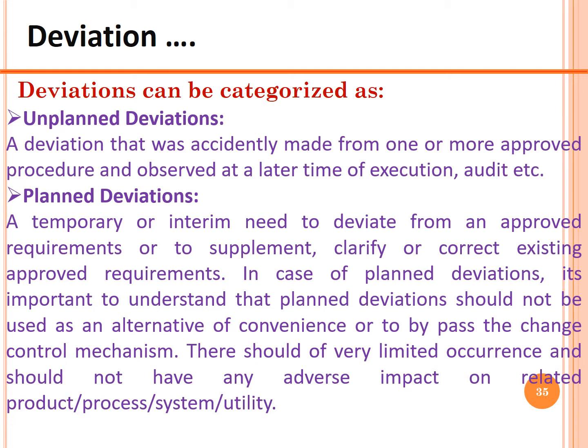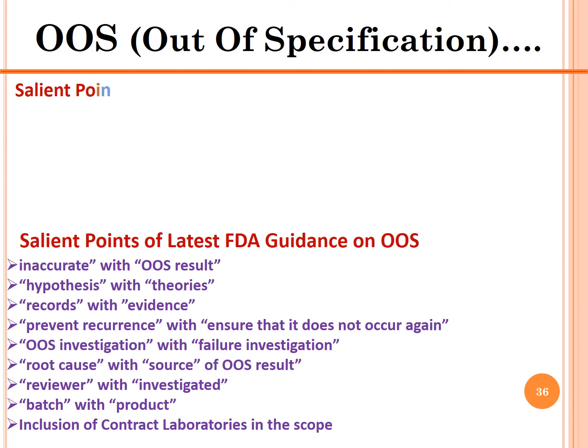In case of planned deviations, it's important to understand that they should not be used as an alternative of convenience or to bypass the change control mechanism. There should be very limited occurrence and they should not have any adverse impact on related product, process, system or utility.